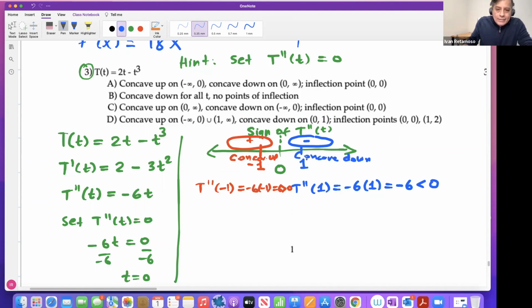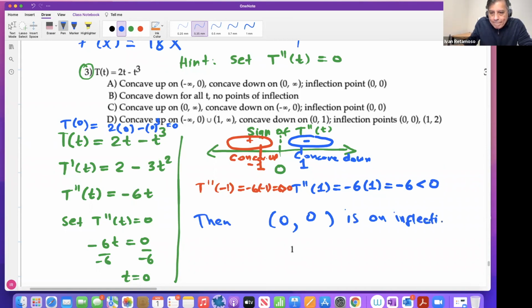Concavity changes. Then this point 0, together with its partner, which is what you get when you substitute 0 into the original function, which is just 0, means that (0, 0) is an inflection point.